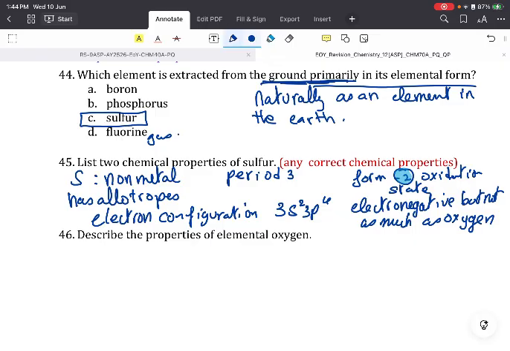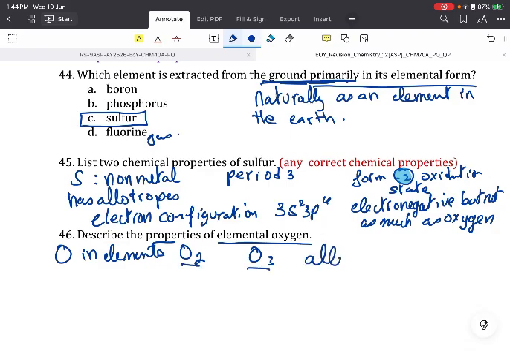Now let's move on with the questions. Describe the properties of elemental oxygen. When they say elemental oxygen, they mean oxygen as an element, and we have O2 and we have O3. So oxygen exists in two allotropes, O2 and O3.